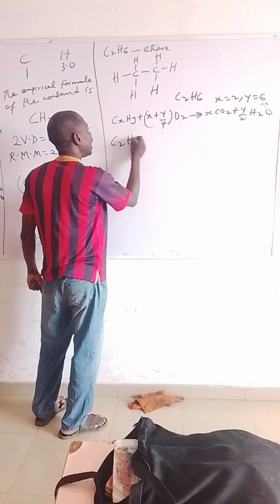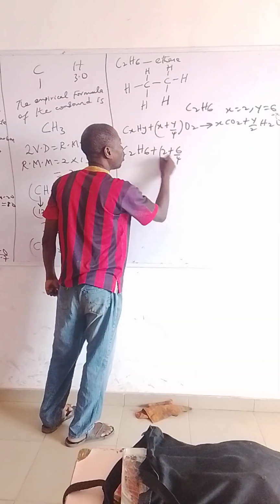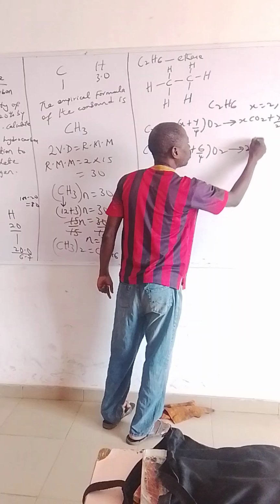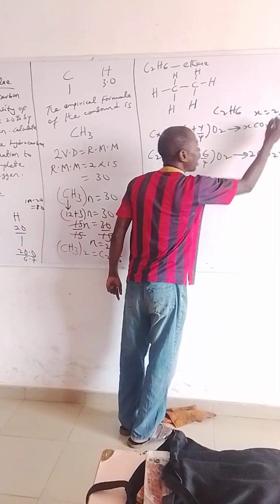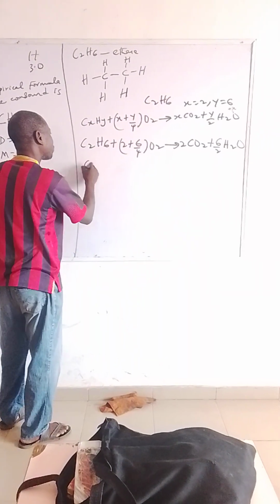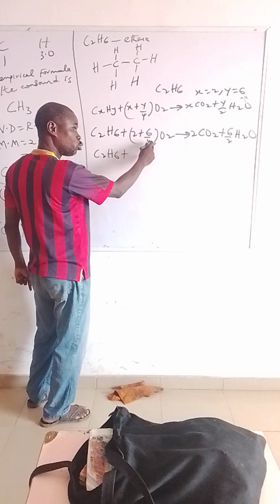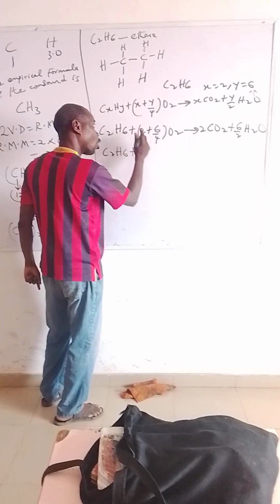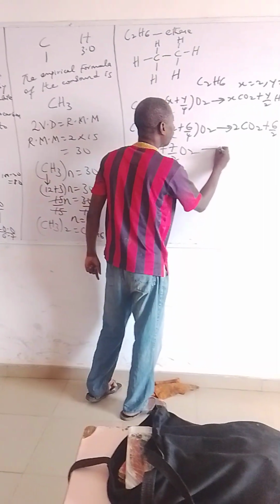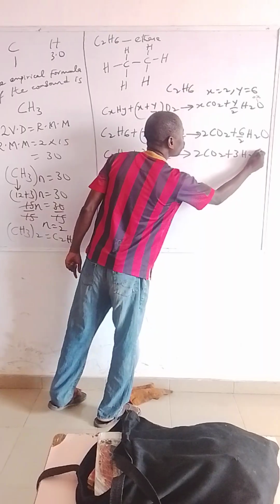So I have C2H6 plus (2 plus 6 over 4) O2 moves to xCO2. My x is 2, so 2CO2, then plus y over 2, 6 over 2, H2O. So I have C2H6 plus 6 divided by 4, which is 3 over 2, that is 1.5. 1.5 plus 2 is 3.5, that is 7 over 2 O2, moves to 2CO2 plus 6 divided by 2, 3H2O.